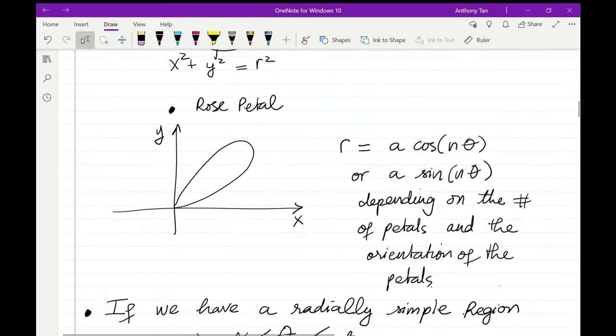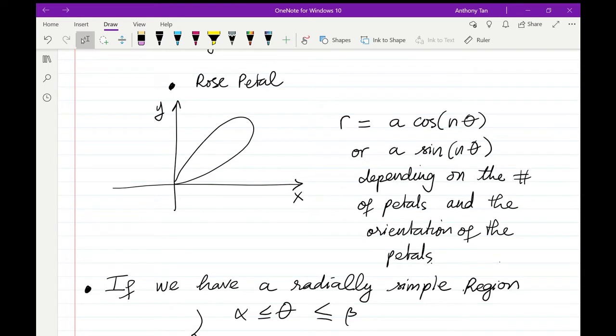Or if you have something that looks like a rose petal, a parametric curve, in Cartesian coordinate, the equation for this rose petal would be quite lengthy.